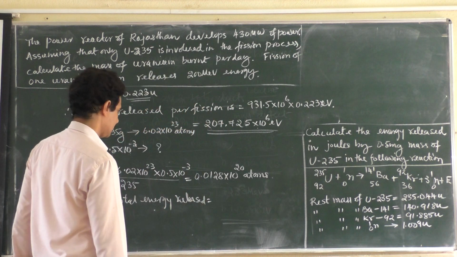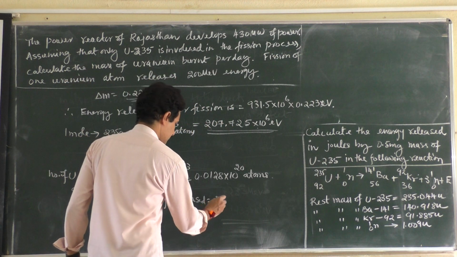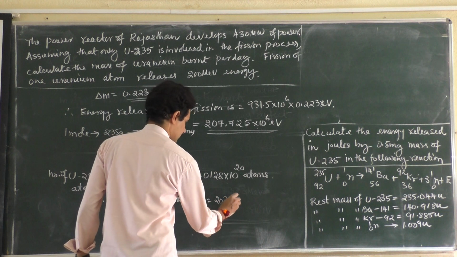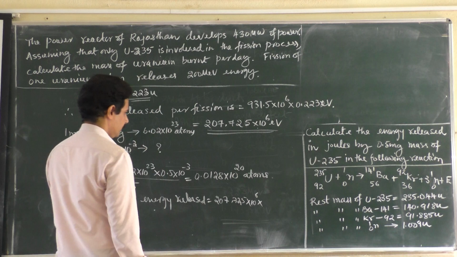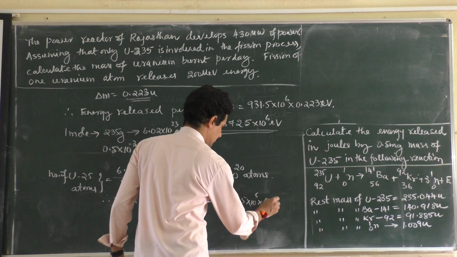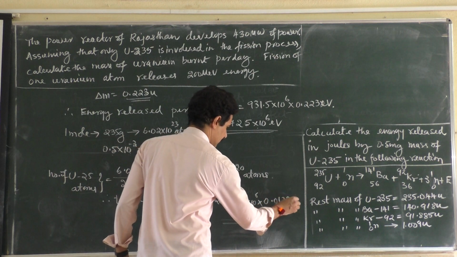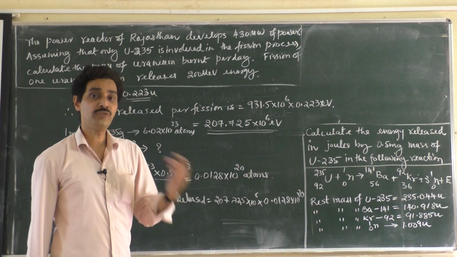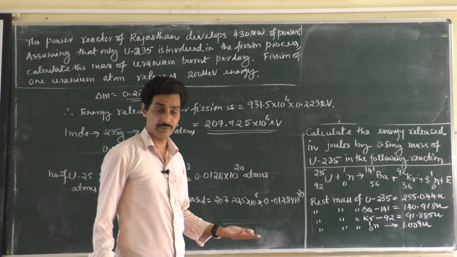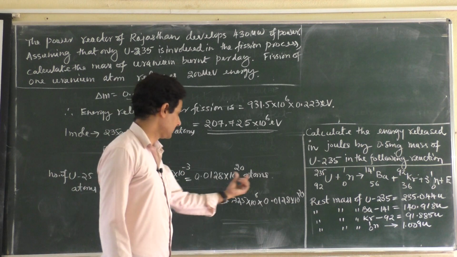You can convert to joules later. So every fission gives 207.725 into 10 to the power 6 electron volt of energy, and 0.0128 into 10 to the power 20 nuclei are there, so many fissions if all the nuclei undergo fission.